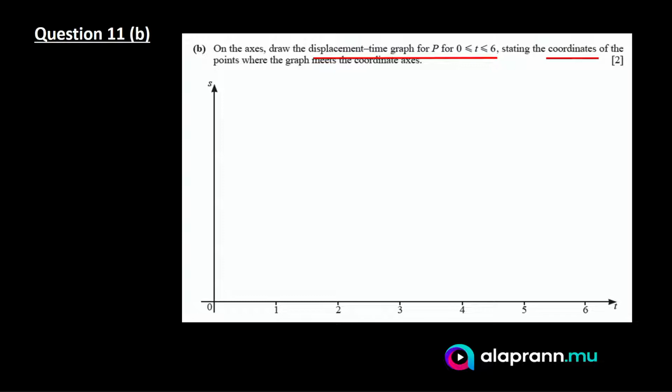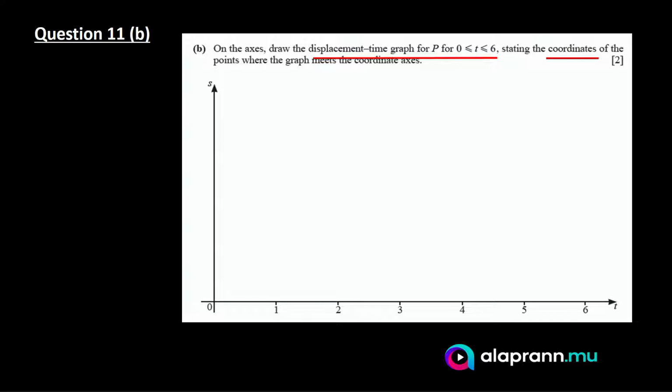Question number 11b. On the axis, draw the displacement graph between t is equal to 0 and t is equal to 6, stating the coordinates of the points where the graph meets the coordinate axis.